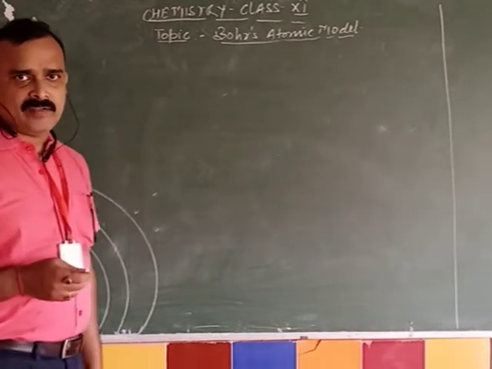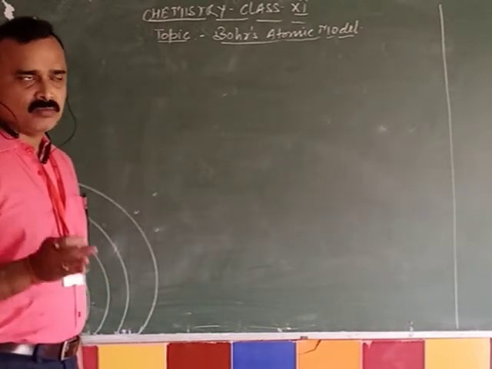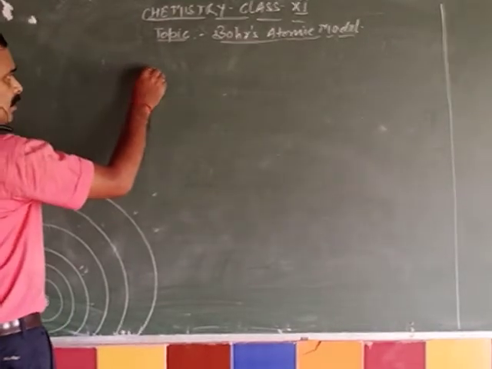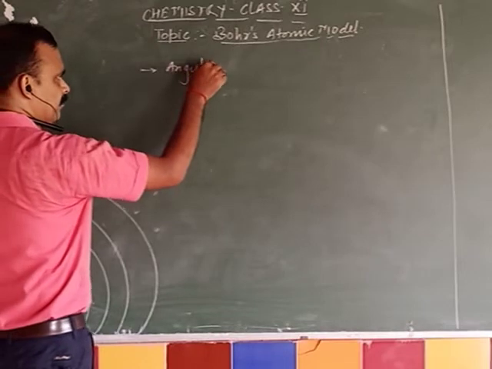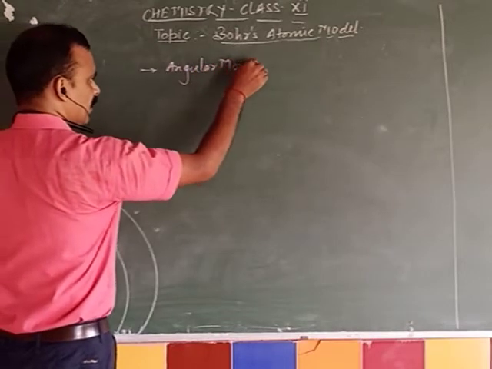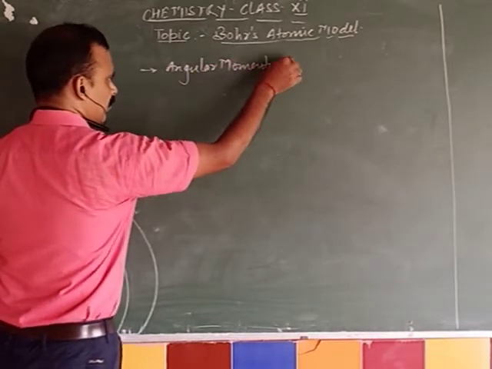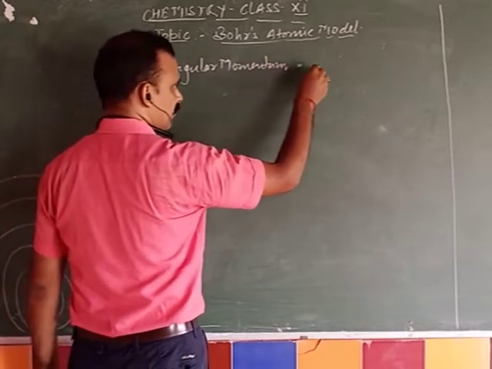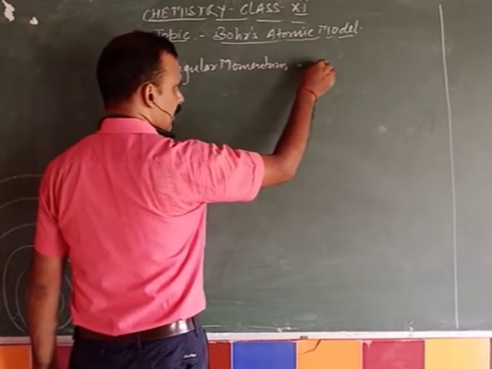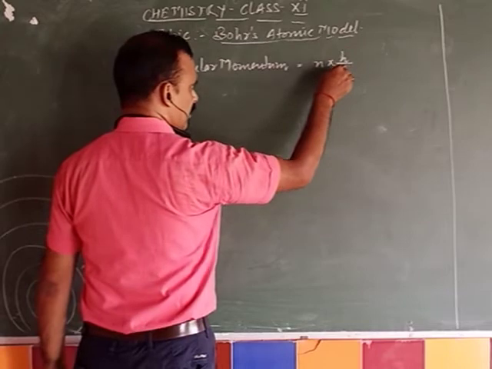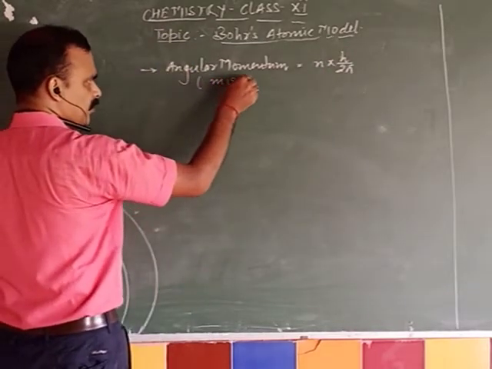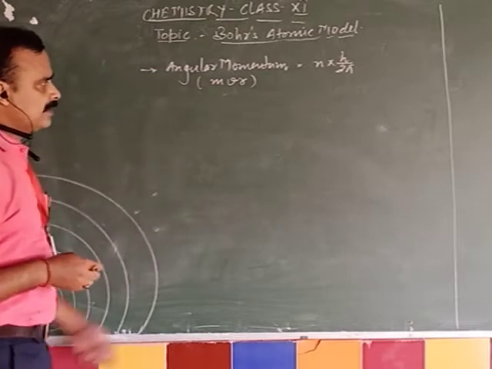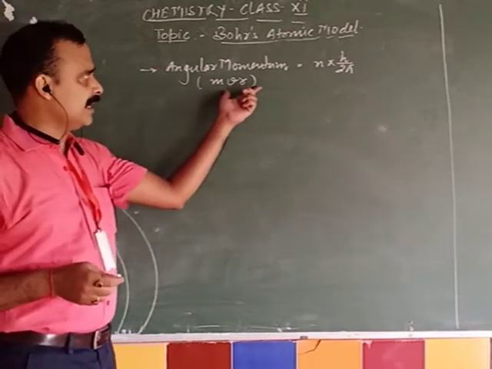Electrons are revolving around the nucleus only in the orbits which have a specific angular momentum. The value of angular momentum is equal to n multiplied by h upon 2 pi. And angular momentum, as I have told you already, is represented by mvr.